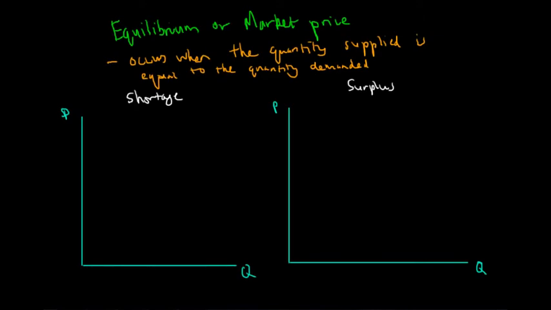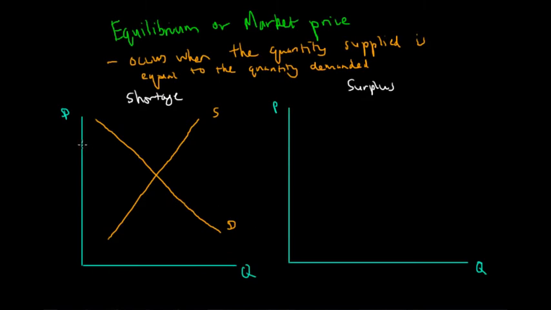Okay, let's look at the graphs underlying a shortage. You have a supply curve which is upward sloping, and we talked about why the supply curve is upward sloping, and we also have a demand curve which is downward sloping, and we talked about why this demand curve is downward sloping in previous lectures.